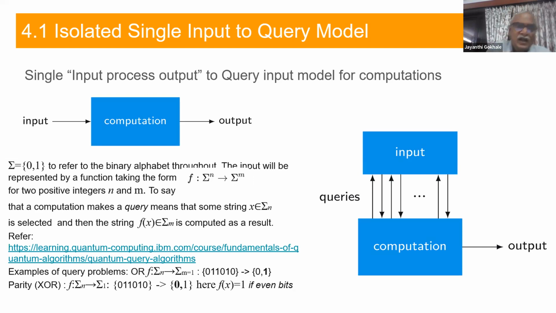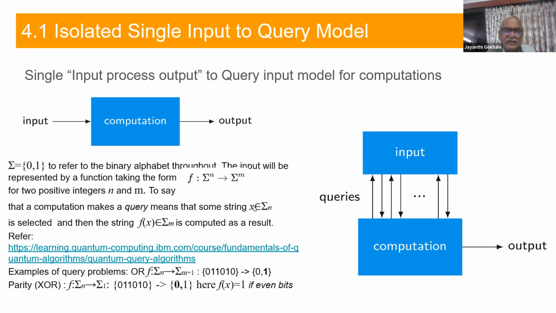So with this model, what do we mean by the input? The input that is given to this computation box is called a query. And what is that query? A query would be one input string out of all possible combinations of the input strings.